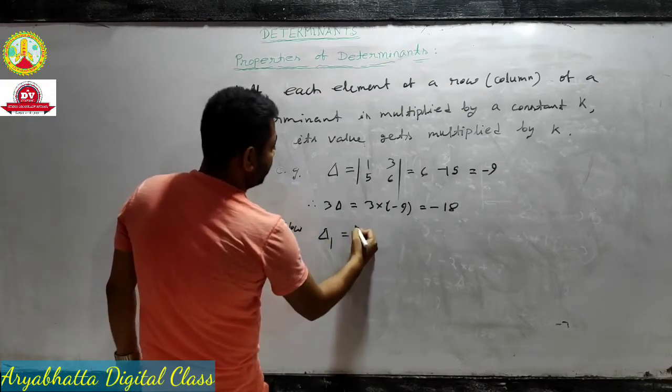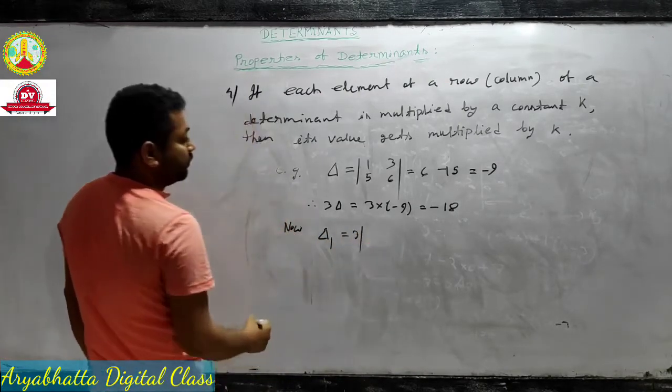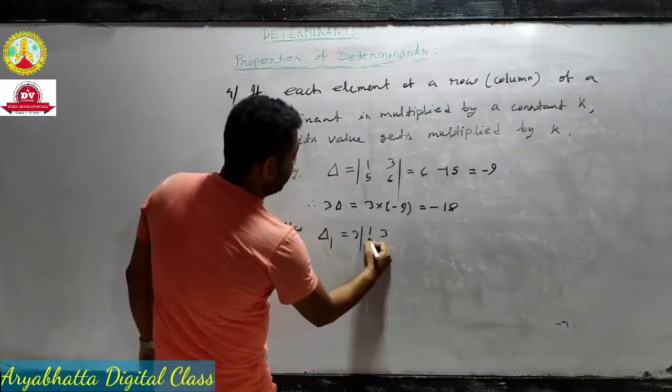Now, delta 1 is equal to 3 into |1 3; 5 6|.